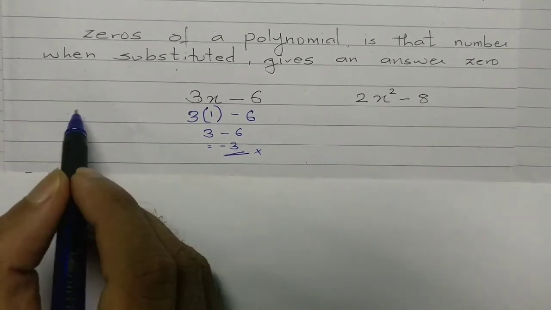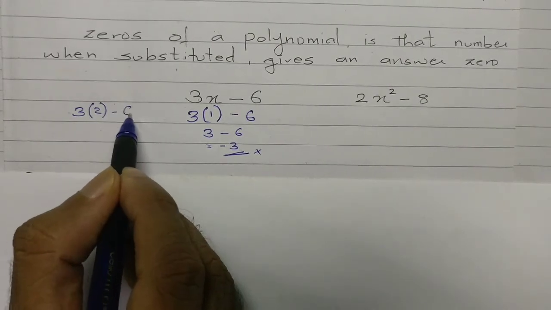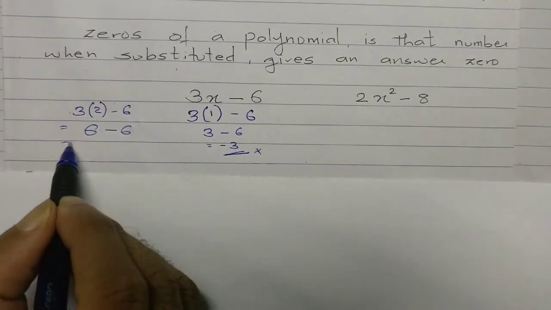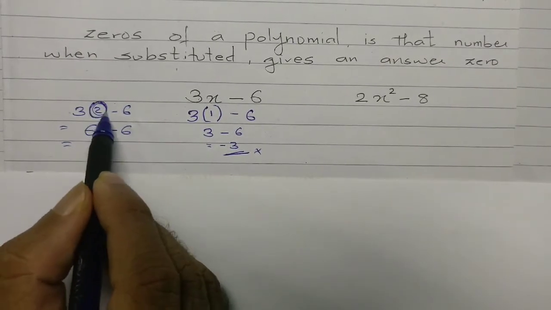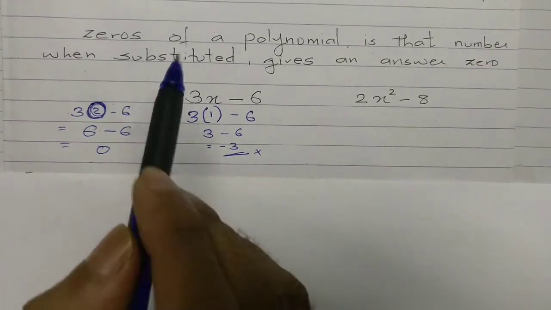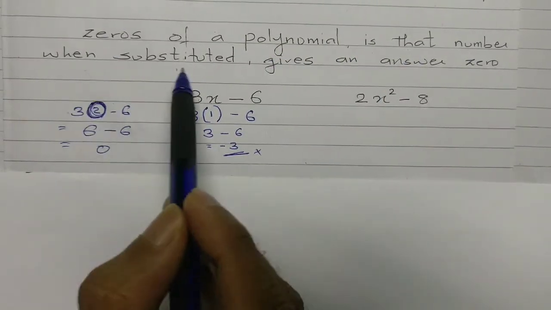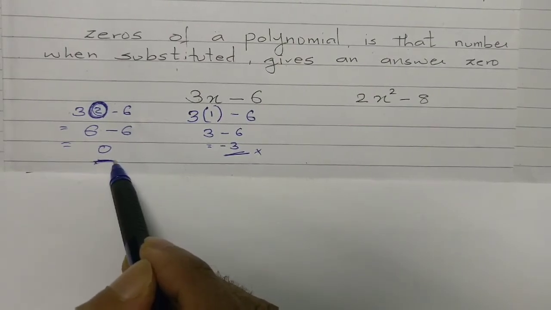Let us take another example. So I'll take 3 into 2 minus 6. So this would become 6 minus 6. My answer is 0. So this number which you have substituted is the 0 of the polynomial. So 0 of a polynomial is that number which, when substituted, gives you the answer as 0.